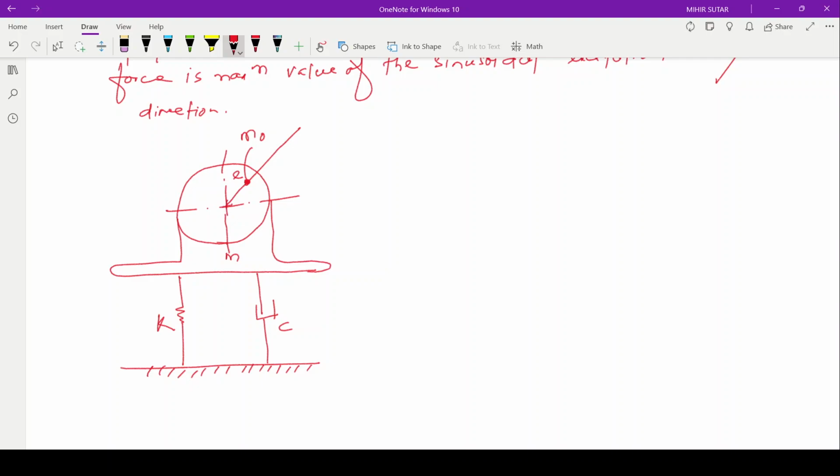Okay, this is your CG. The centrifugal force will be m0 omega square e, and this angle difference is omega t. So you draw the figure first.